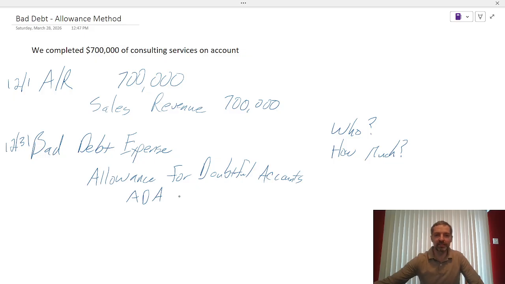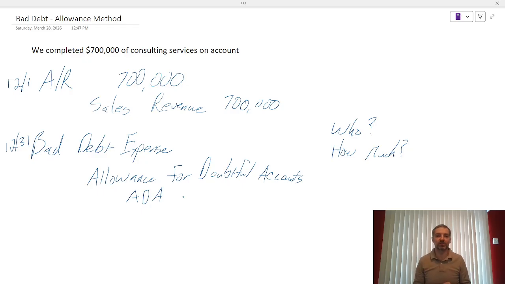So this is a contra asset. If you remember what a contra account is, it is the opposite of the account that it belongs to. So, for example, in the past, we've talked about accumulated depreciation. That is a contra account to equipment. So it is a negative equipment amount, and it always belongs with the equipment. They always show up together. You can't have one without the other.